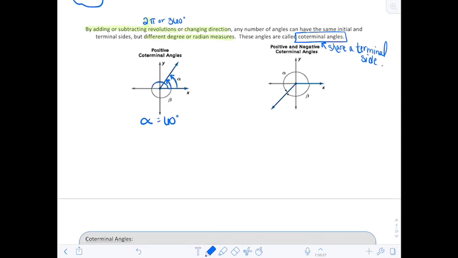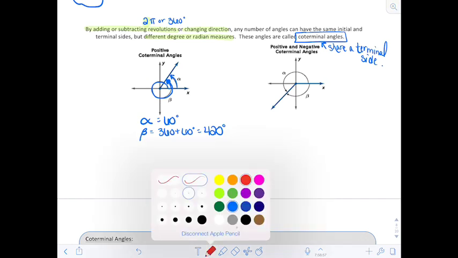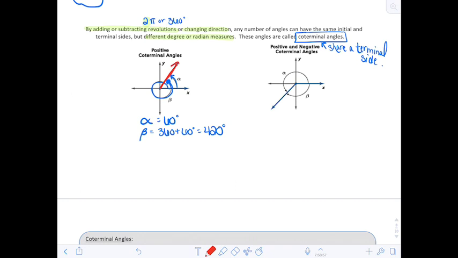However, you can see that it's gone around one full revolution plus the amount that alpha is. So I could say that beta is 360 plus another 60 degrees, which is our alpha. So beta would be 420 degrees. Different measurements, but they are coterminal because they share this terminal side.